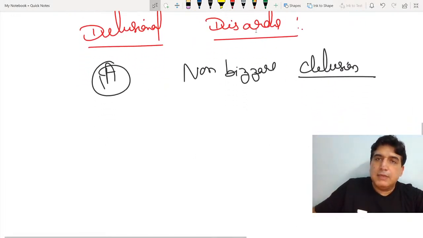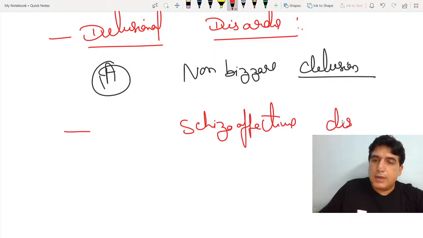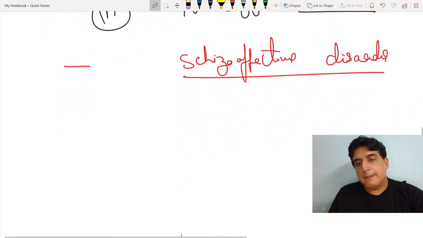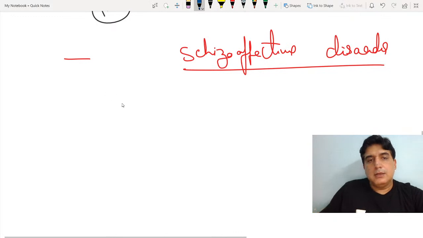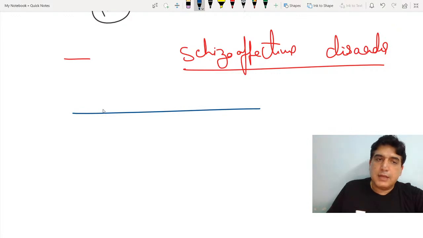Apart from that, we had schizoaffective disorder. We had this in DSM-4 also, and currently we have it in DSM-5 also. Till DSM-4, suppose a patient has had schizophrenia for 2 years.